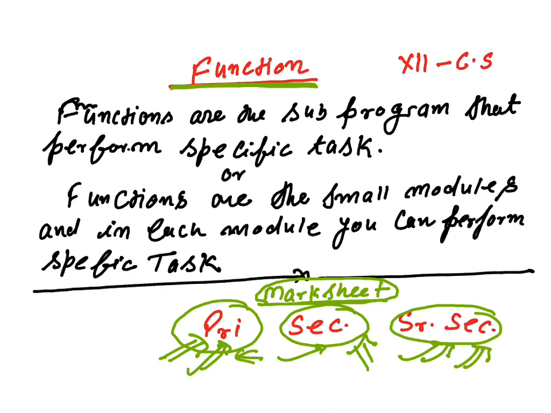It means that we can edit each and every module separately. Once you see the output, if any problem is there, we can go to the particular module, edit it and sort out the problem.